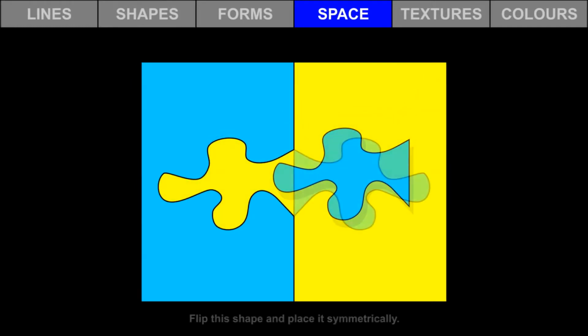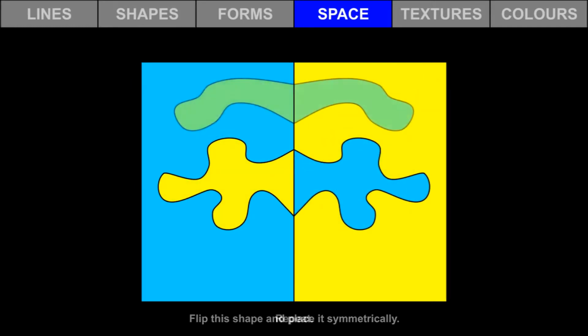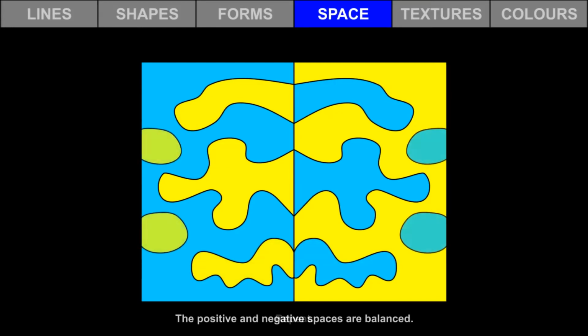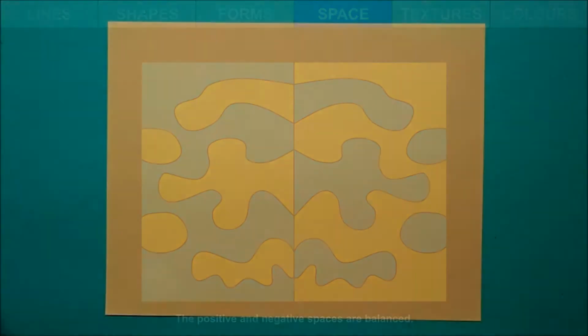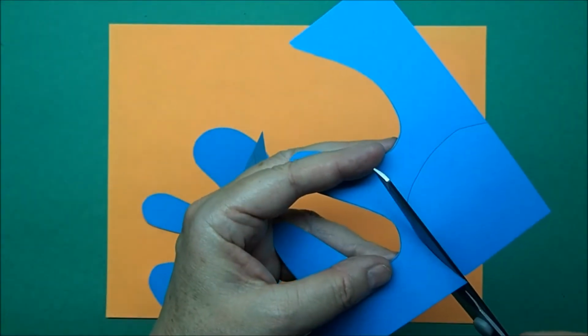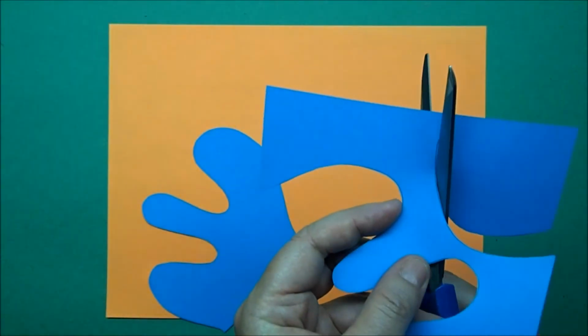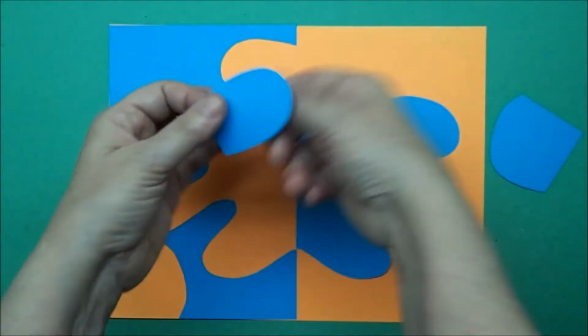Flip the shape and place it symmetrically. Add another shape. Positive and negative spaces are balanced.